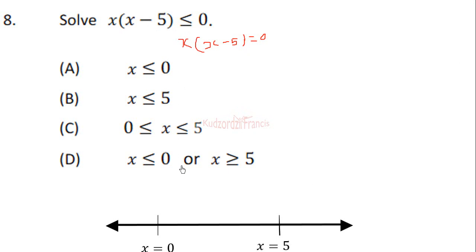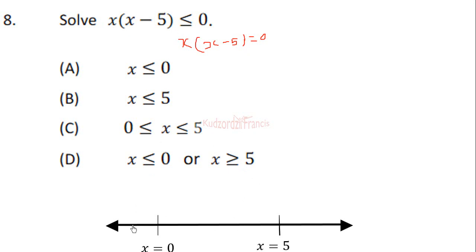How do we get that? The values we solved for have divided the real number line into 1, 2, 3 regions. So we need to pick points to see which of them will satisfy this inequality.